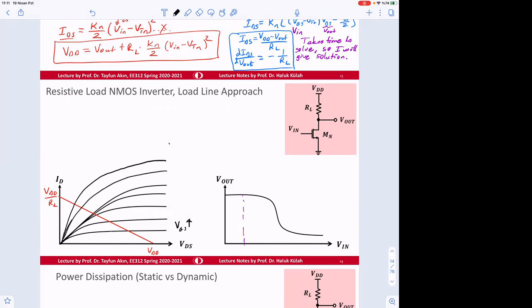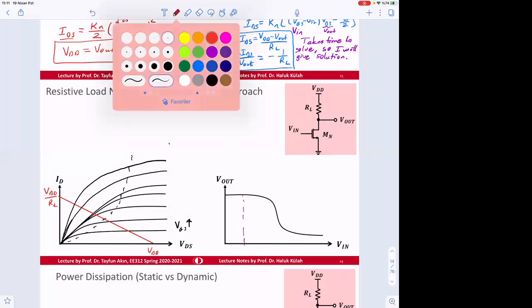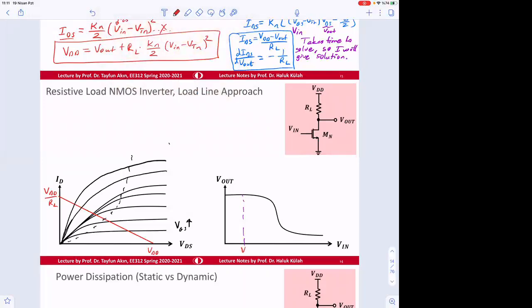So this will be more like this. Okay, as you know, this is going to be, sorry, a fictitious line. So for different values, we can solve this one. So this is up to VTN. So up to VTN, this is going to be the solution.